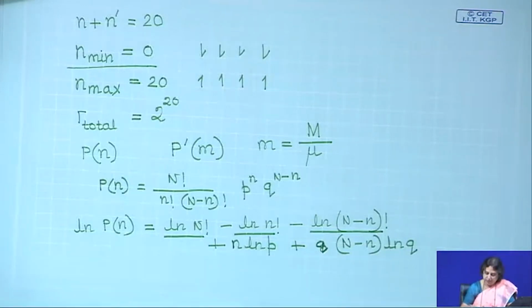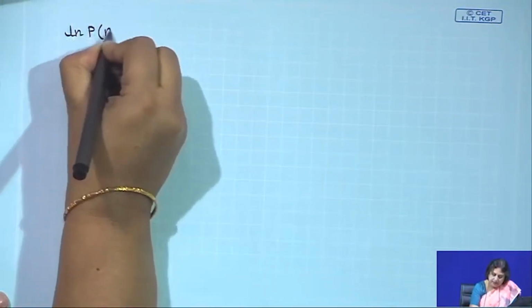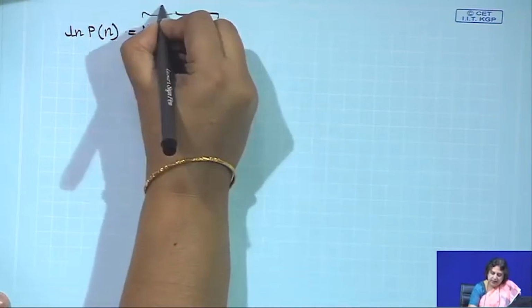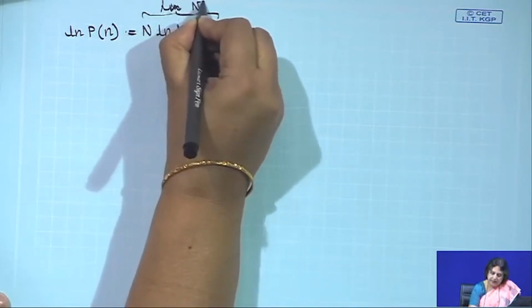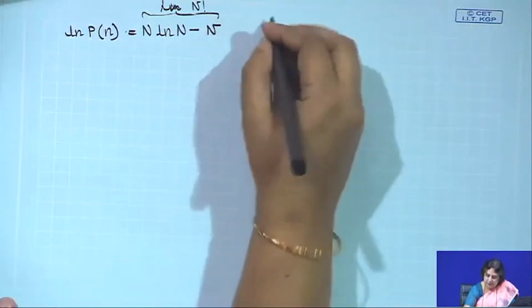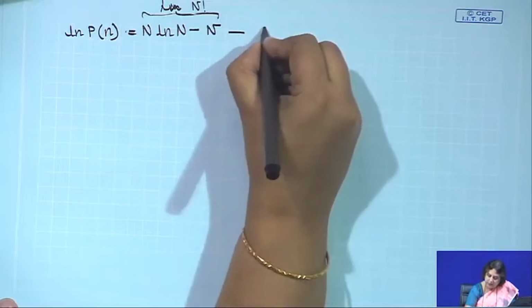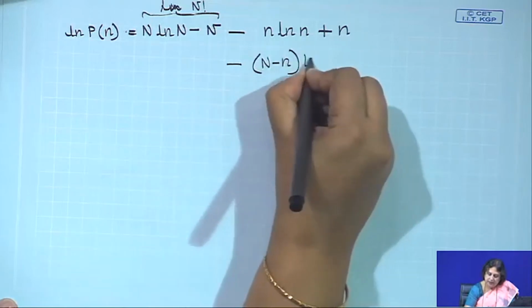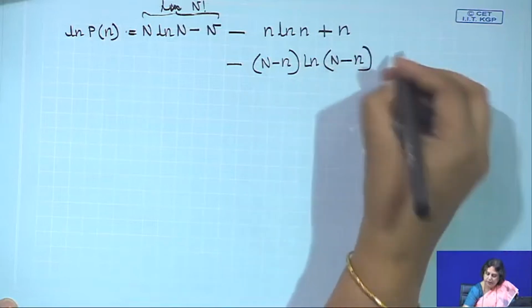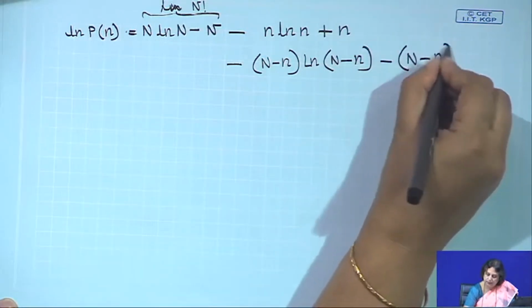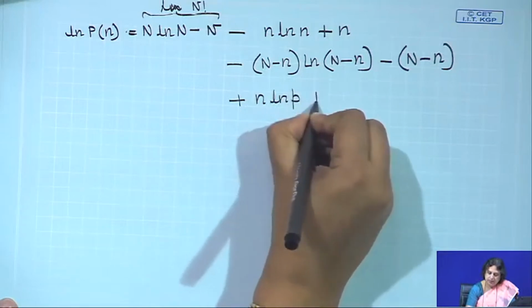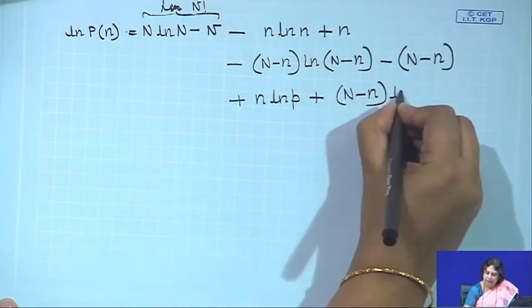When I use it, I can very easily write ln N factorial as capital N ln N minus capital N. I can also write similar terms for minus ln n factorial and for ln of capital N minus small n factorial, and finally I retain the terms plus n ln p plus capital N minus small n into ln q.